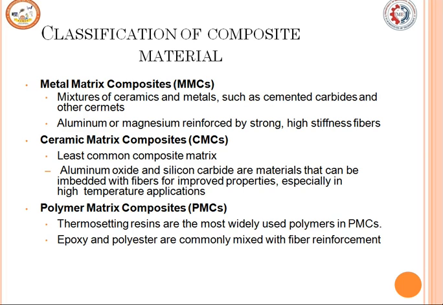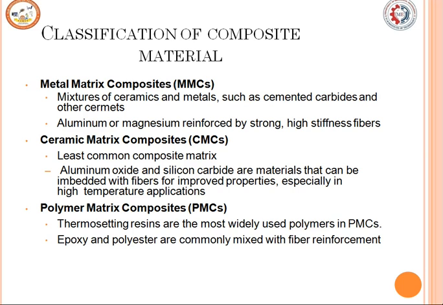If you take the classification of composites, there is MMC, that is Metal Matrix Composite, Ceramic Matrix Composites, and Polymer Matrix Composites. So what are these three composites? Ceramic matrix composite is a mixture of ceramics and metals. It may be cemented carbides and other ceramics. Metal matrix composites are aluminum or magnesium reinforced by strong, high stiffness fibers.